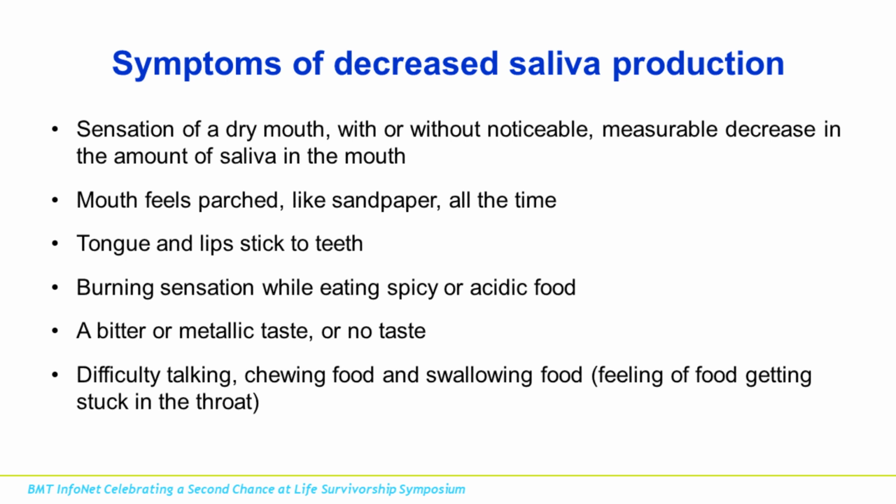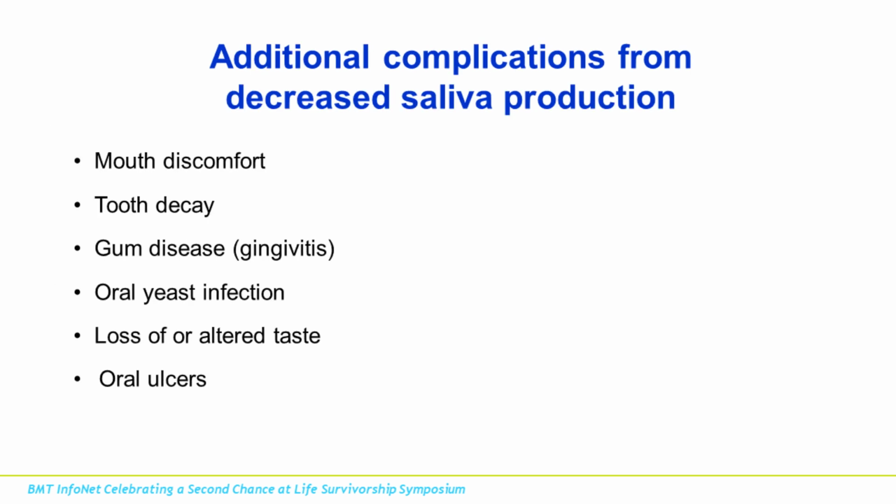You will have difficulty talking, chewing food, and choking especially, and all these are complications seen in patients with severe dry mouth. So definitely we have to treat to improve the moisture in your mouth. Okay? So what are the other complications other than what we just talked about?